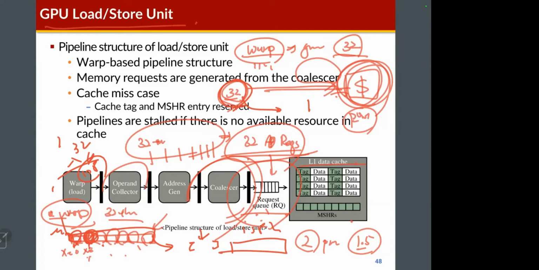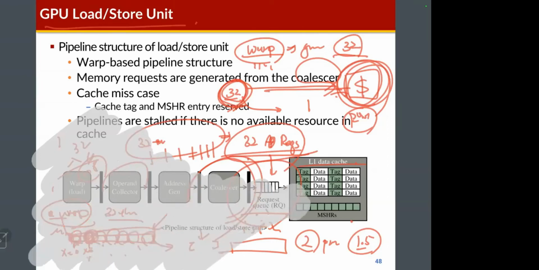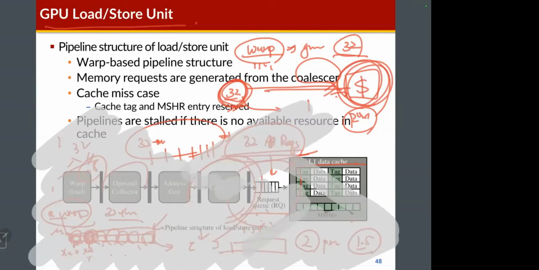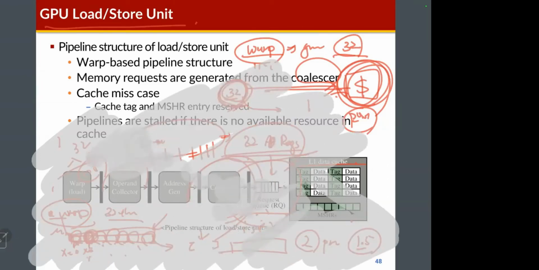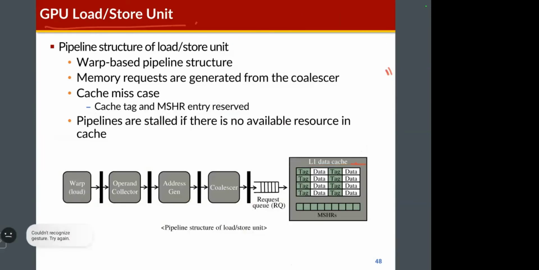I also mentioned that GPUs were originally designed for graphics applications, and multimedia applications handle very regular data. The matrix is very large and very dense, and the application uses the elements in the matrix.